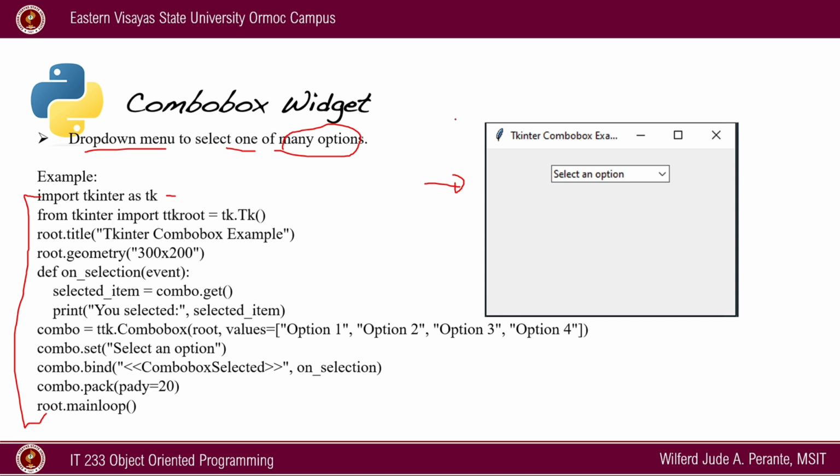Here we put root.geometry to have a fixed window. And root.title is the title of our window.